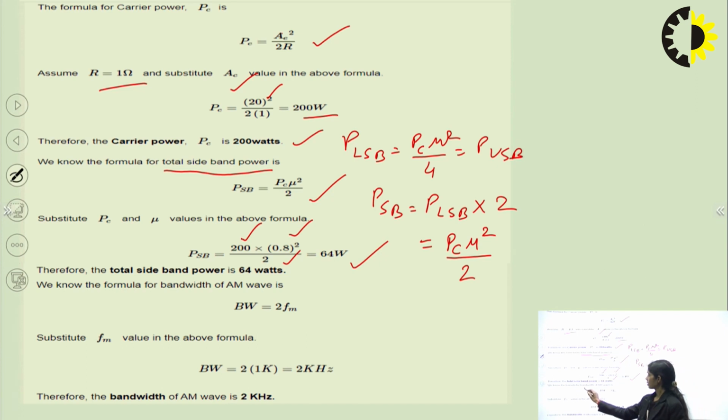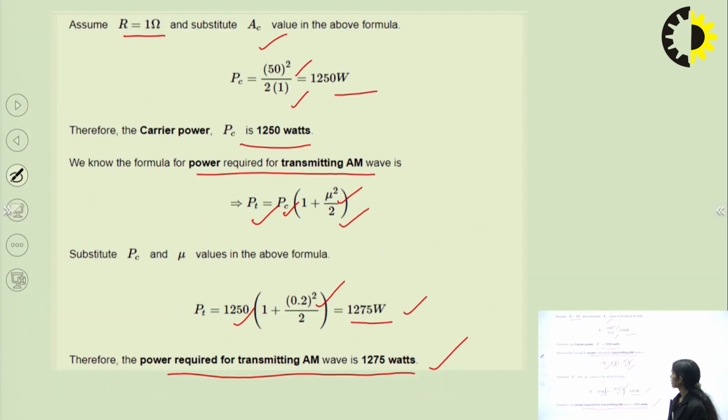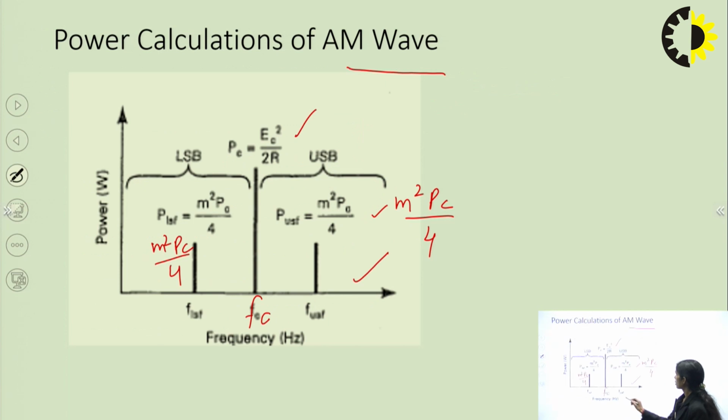Now lastly we have to calculate the bandwidth of the AM wave. Bandwidth is basically given by the formula 2FM. I had already explained this from the spectrum. In this spectrum, this is called the bandwidth, and it is given by the upper sideband frequency minus the lower sideband frequency.